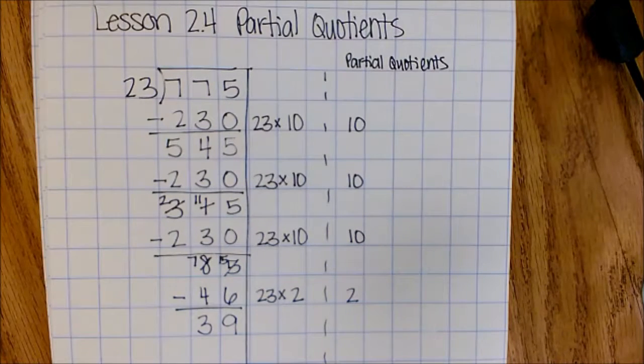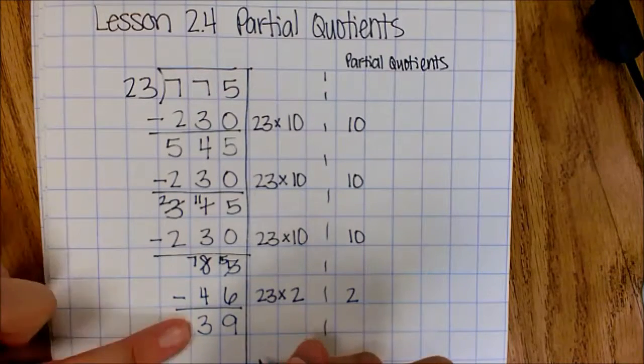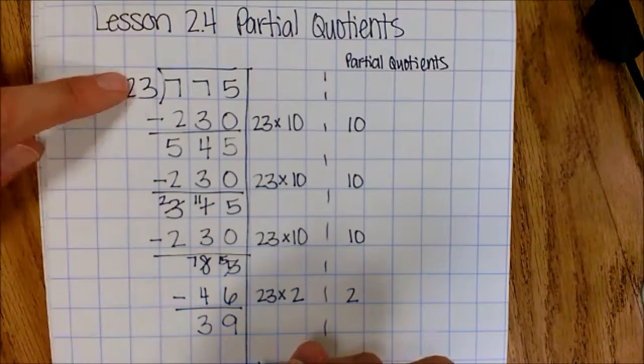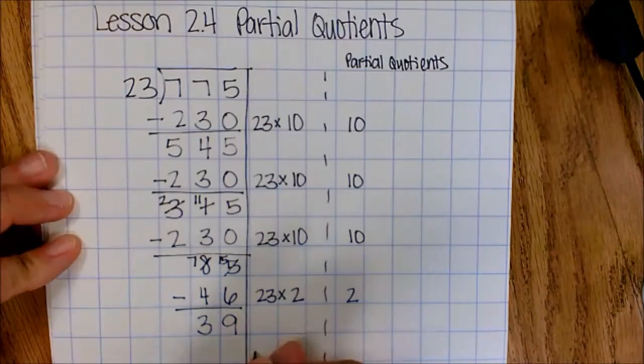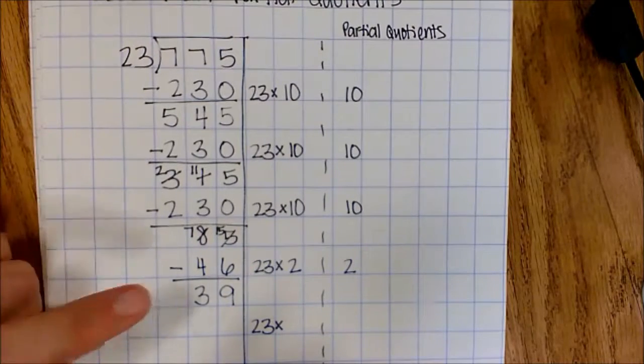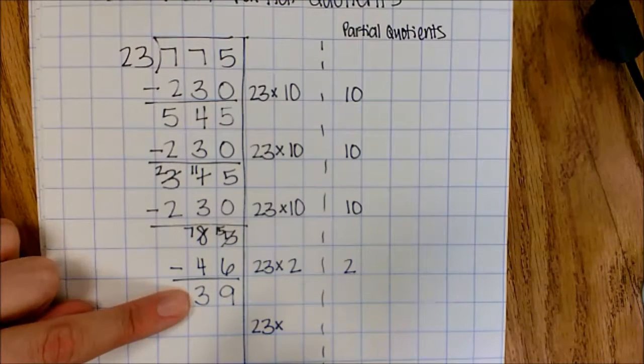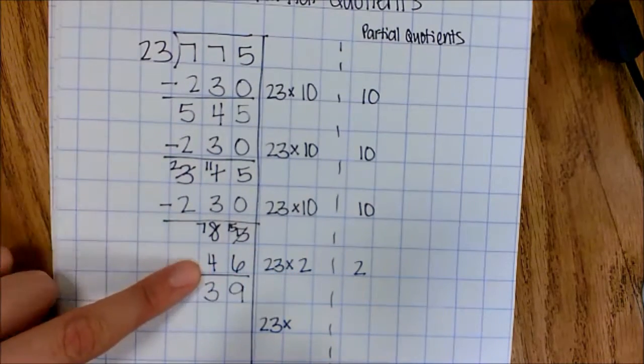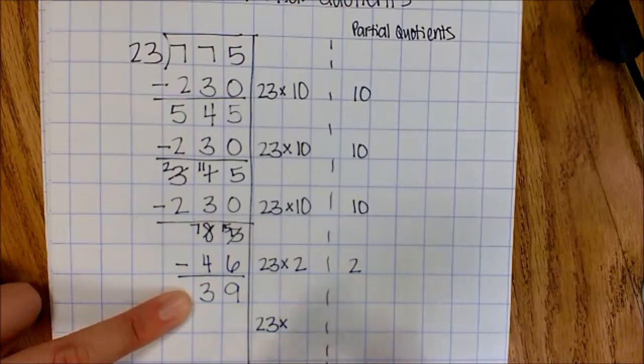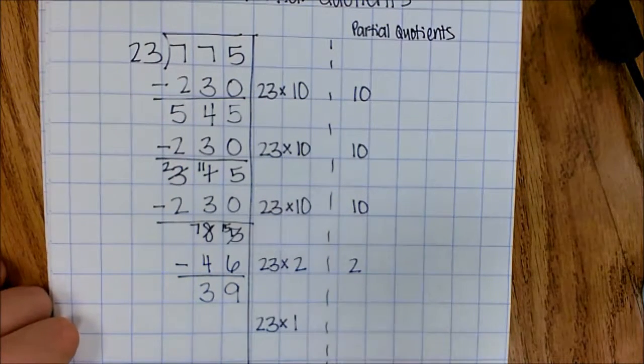So I have 39. Now I need to ask myself again and keep repeating these steps until this difference is less than my divisor. So I need to say 23 times what number is going to get me close to 39 without being too large. Well, I already know 23 times 2 is 46, and that's too big. So the only one that would work would be 23 times 1.